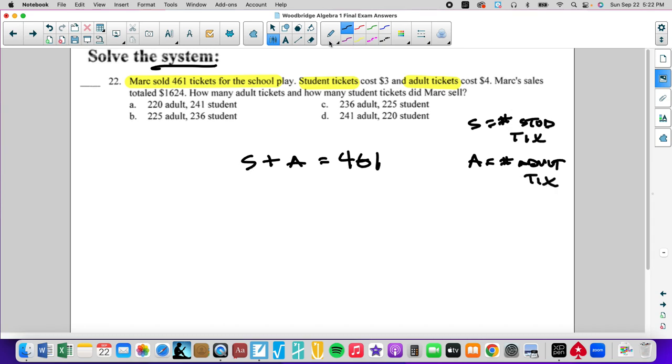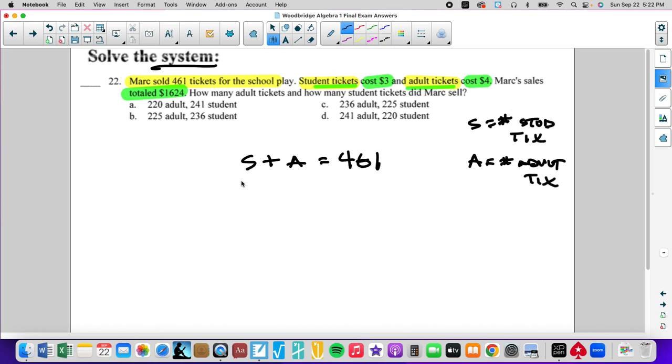So that's that first statement, and then I'm going to write an equation using this information, as well as the total, because this is the number of tickets, this is the total value.